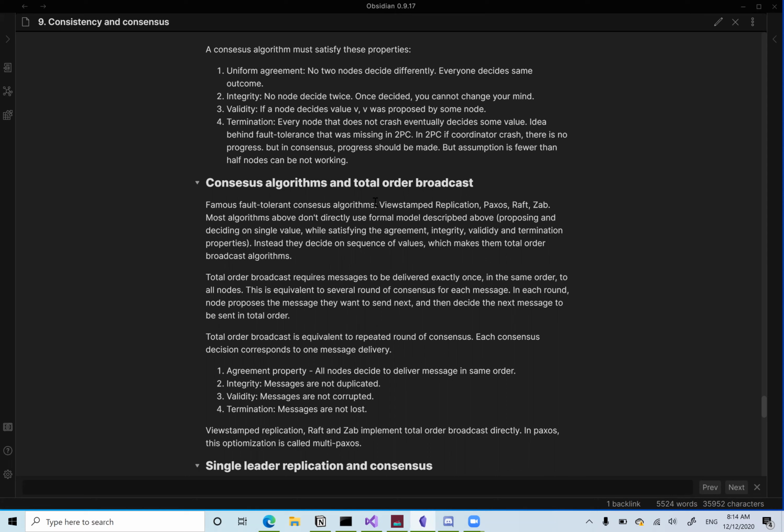The meaning of fault tolerant is that as long as the majority of the nodes are live, the system will continue to work fine. The nodes which have gone down could be either leader, follower, or candidate. It could be any node. If a leader node goes down, then leader re-election will happen.